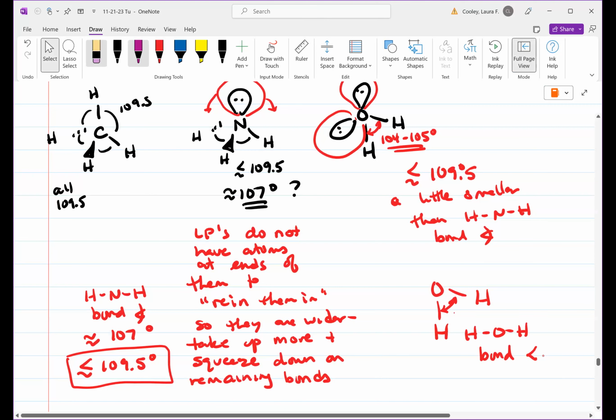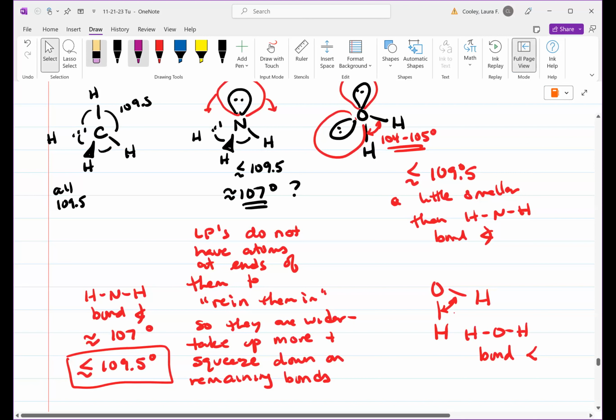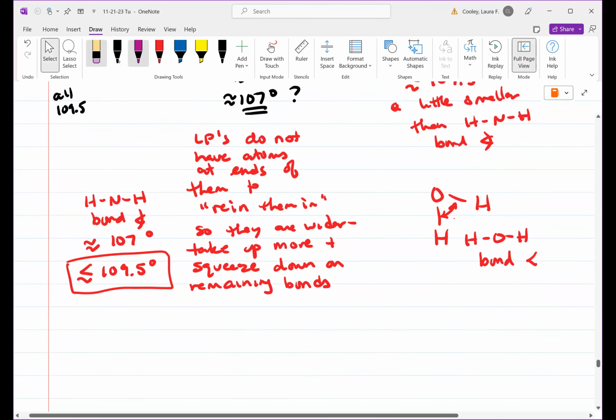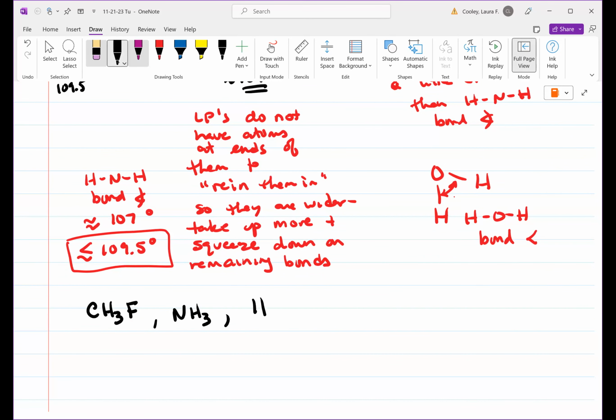All right, I just want you to take a look at the exercise that I have next, where I was hoping we would get to a few of them. So maybe you could look at some of these. We'll start with this. CH3F is one. NH3, which we really just did.